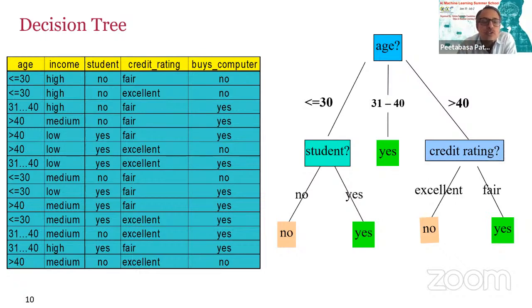And the third attribute is whether you are a student or not a student. Then credit rating, how much credit rating you already have. Now that we can pull out from something. Again, credit rating is a continuous number which is available if you take it from the credit rating agency. But for the sake of our analysis, we say whether a credit rating is fair, which means it is less than 700, or it is excellent, which means it is above 700.